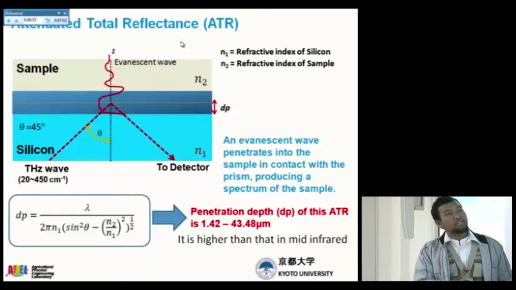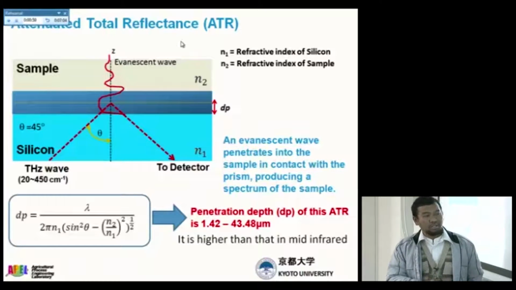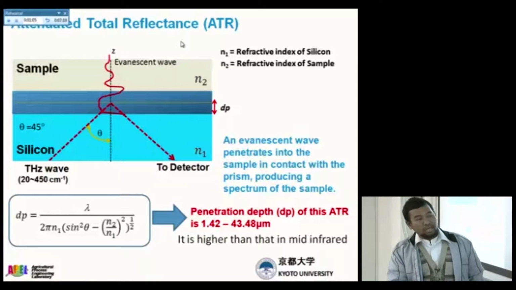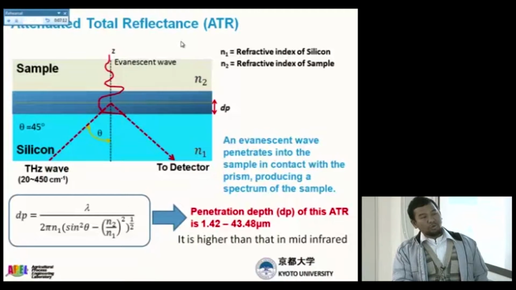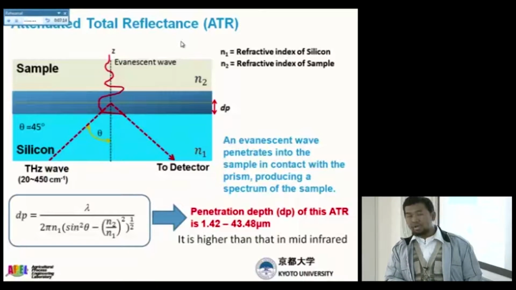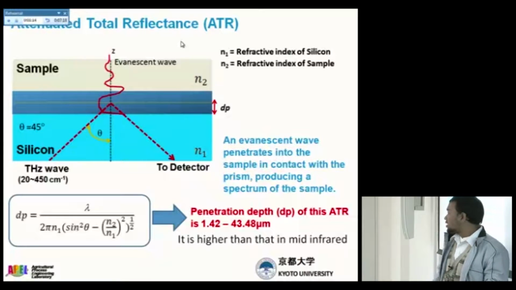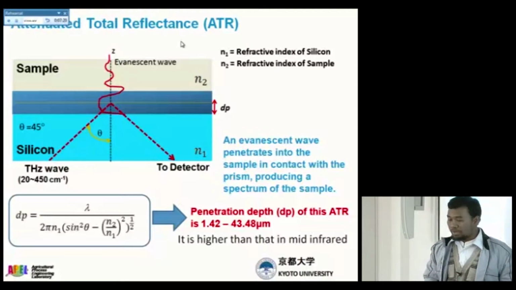This penetration depth can be calculated using this equation. By using this equation, our ATR system has penetration depths ranging from 1.42 to 43.48 micrometers. This value is higher than that in mid-infrared spectroscopy.